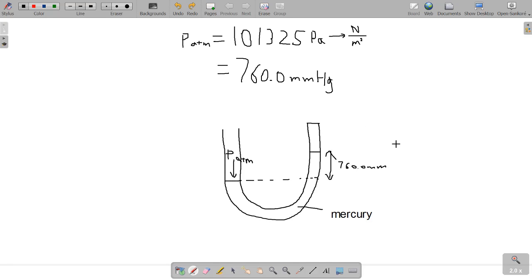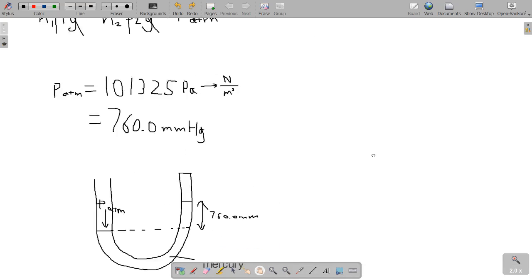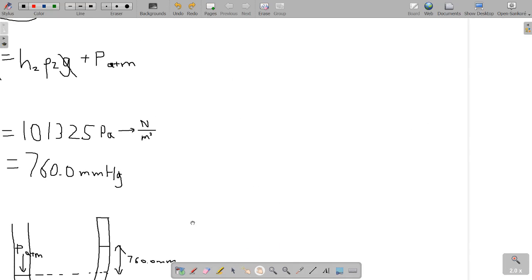Okay, so why is this so? I'll try and derive this. Basically we are using P equals H rho G again.